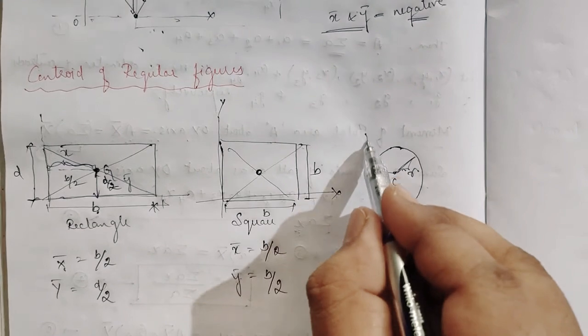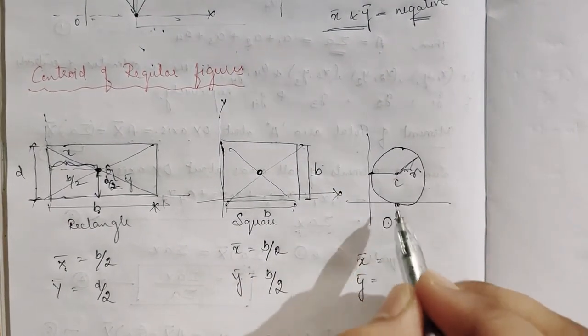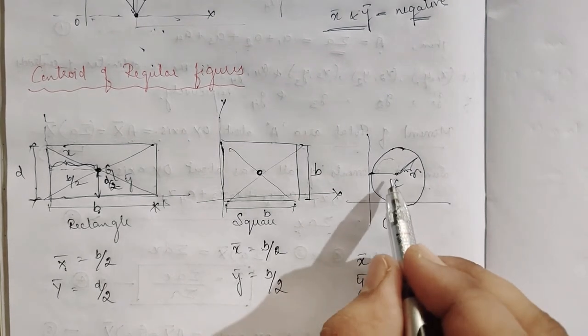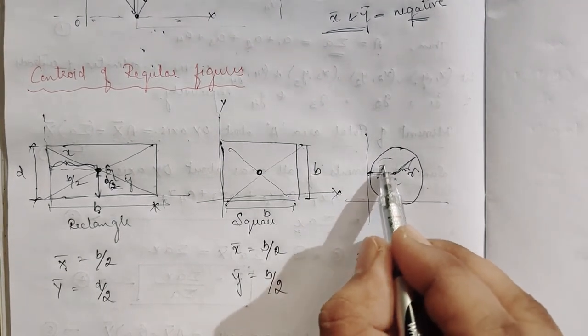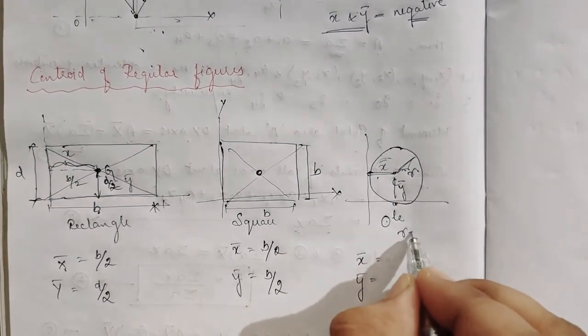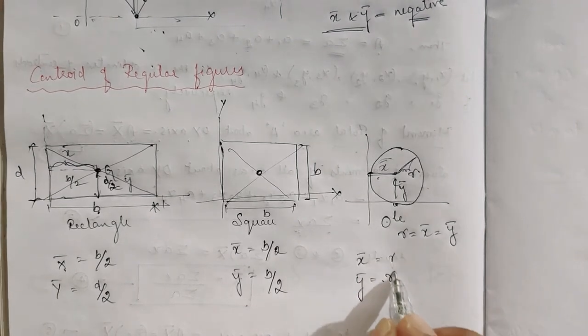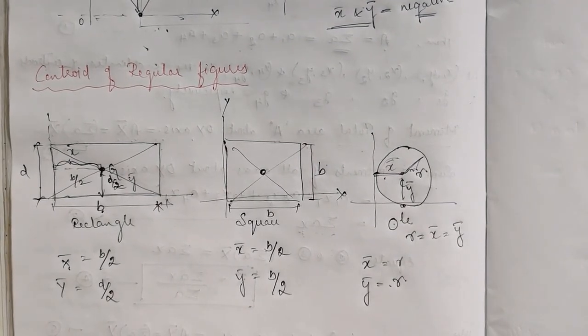When I come here, the axis of reference I'll take for this circle will be the same. So this is x bar and this is y bar, but in the circle the radius is equal to x bar, and it is equal to y bar, so it is R, radius of the circle.